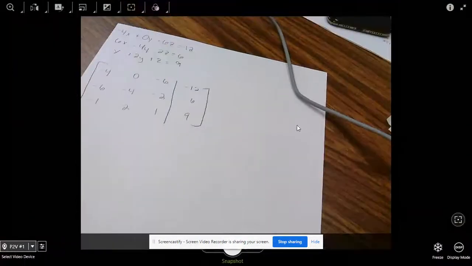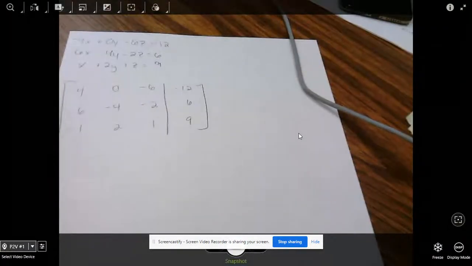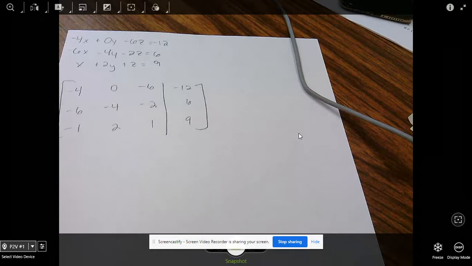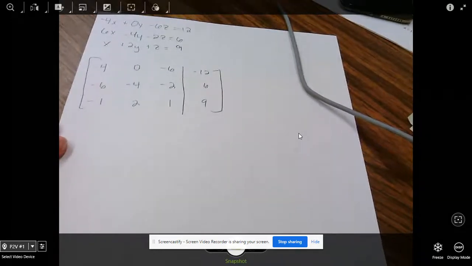Okay. So here's a 3 by 3 matrix. There was no y in the original problem, so I made it a 0. Be careful with that.